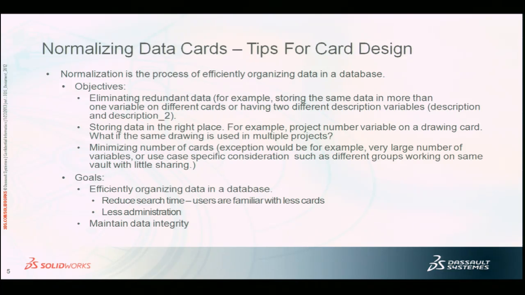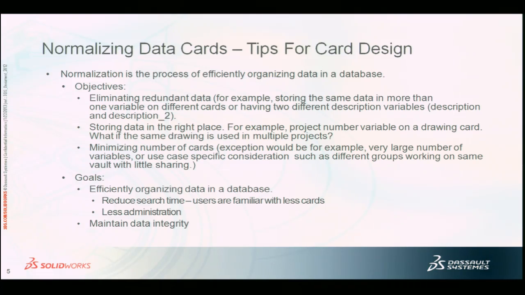So again, the goals here are to make the cards more efficient and reduce search time, for example. The more duplicate or redundant data that you have, the more search and headache for the users, or more administration if you want to restrict that, and then also data integrity. If you have data in more than one location, there's a good chance that a user, intentionally or not, will change it in one location but not in other places, and no matter how disciplined he or she is, there's a risk.